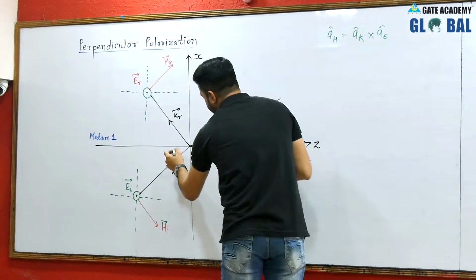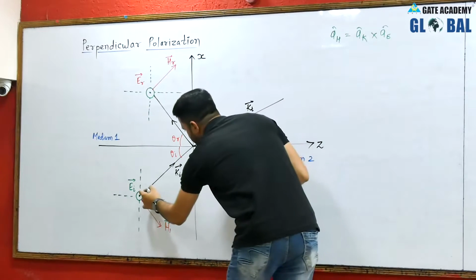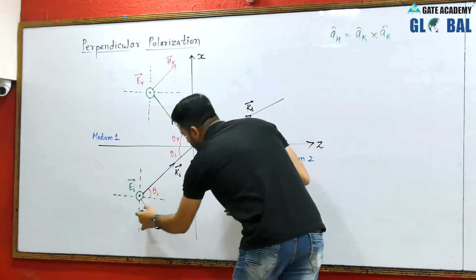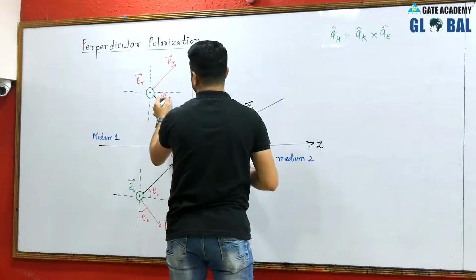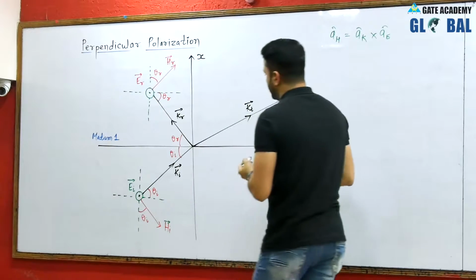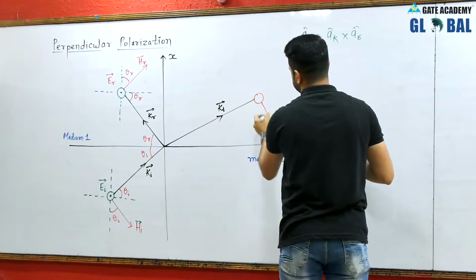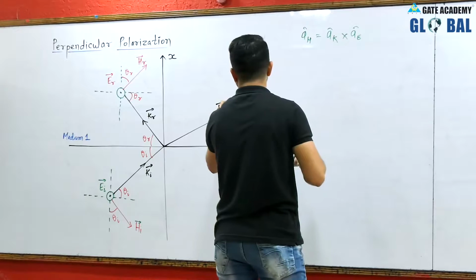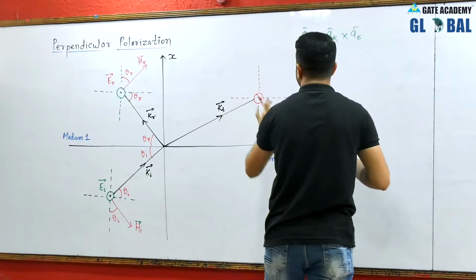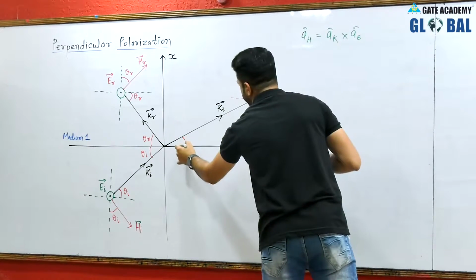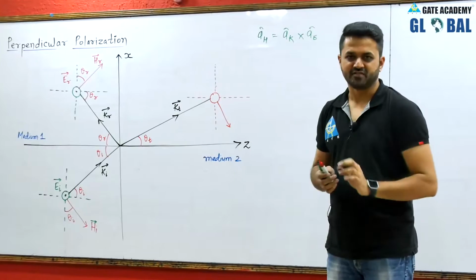Now we know that this is the angle of incidence theta I, and this is the angle of reflection theta R. If this is theta I, it is an alternate angle, so this is also theta I. If this is theta R, then this should be theta R and this should also be theta R. So this is theta T, and we know that the directions of the incident wave and transmitted wave remain the same.